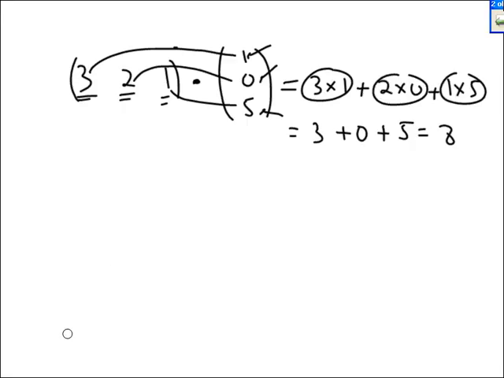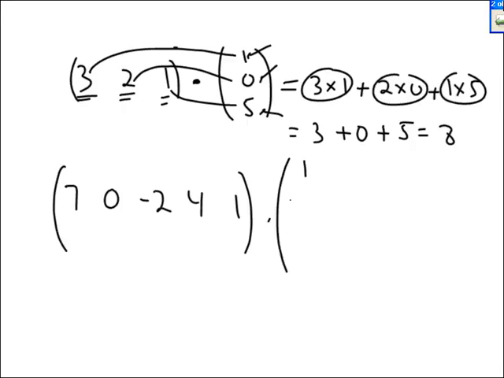Now, when you actually do the multiplication of matrices, you'll probably never say the word dot product, but that's what you're doing. You have 7, 0, negative 2, 4, 1, and you want to dot this with 1, negative 2, 3, negative 4, 5. It's just a few multiplications and additions.